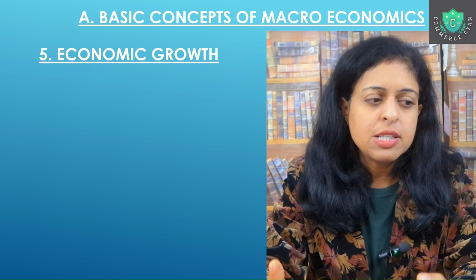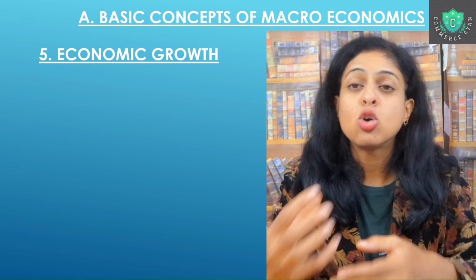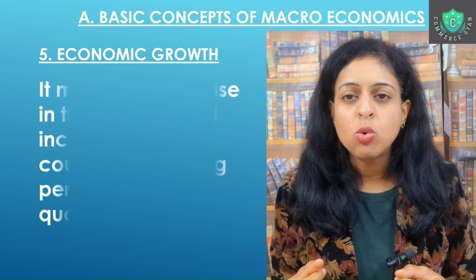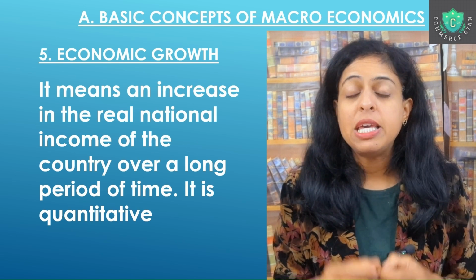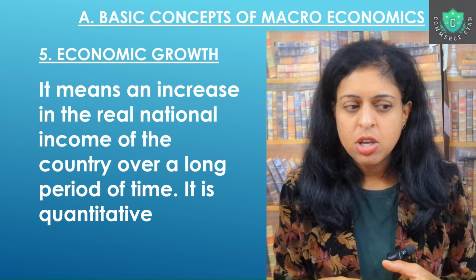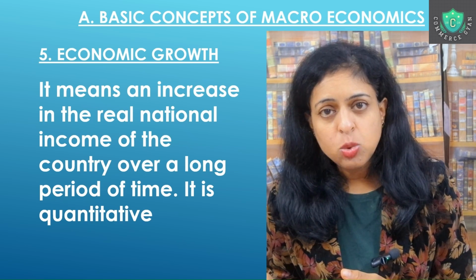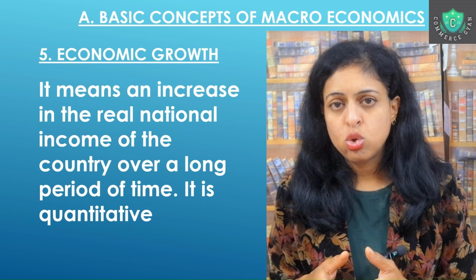It means there is a greater national income. There is a growth in the goods and services which are being sold out, which are being circulated in that particular economy in that particular time period. So, for a very long period, if this keeps continuing, then we say there is a good economic growth, right?